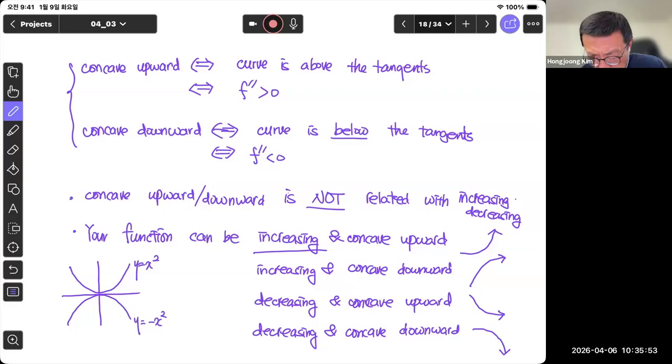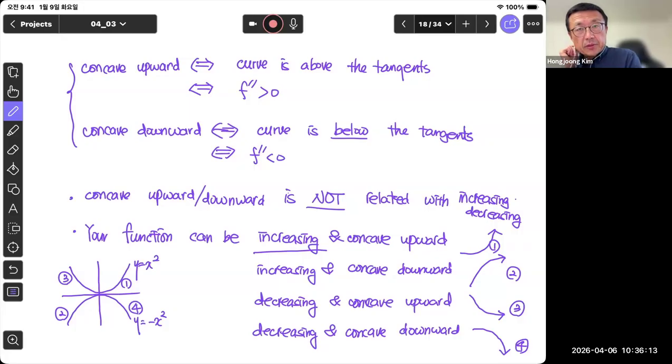So here is the first pattern, and then the second pattern, then the third pattern, and then the fourth pattern. That's why I try to remember these two functions, x squared and negative x squared. Those are very simple, intuitive, but it will be helpful to identify the pattern of the graph.